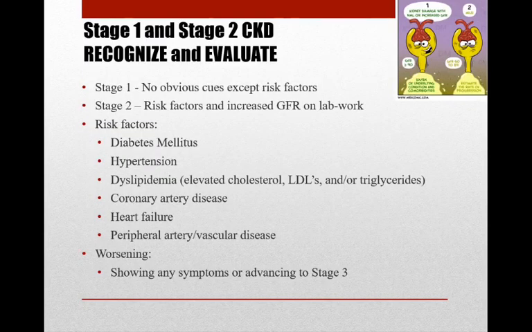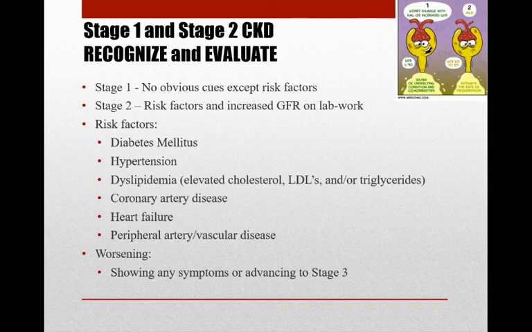So stage 1 and 2, there are no cues. No outward signs or symptoms that you have this damage to your kidney, and you just have risk factors. The important thing in stage 1 and 2, very similar to the risk stage of acute kidney injury, is this would be the risk stage of chronic renal failure.